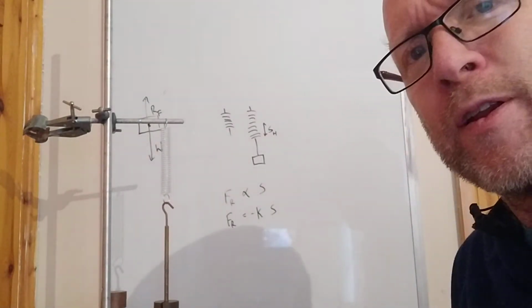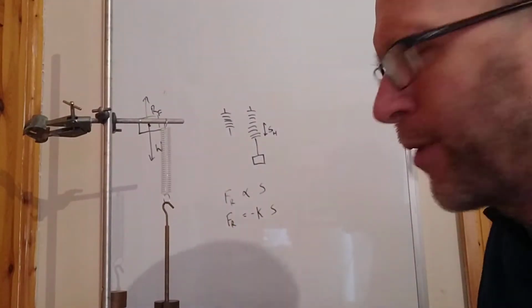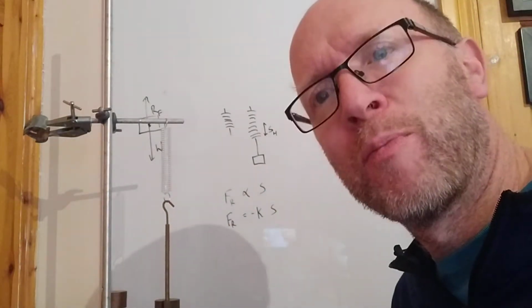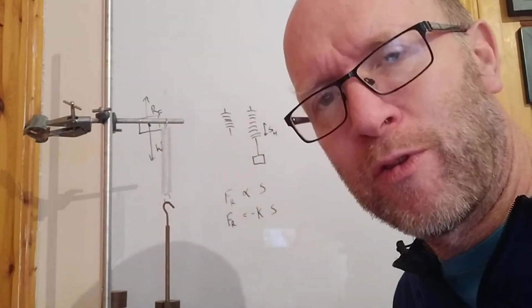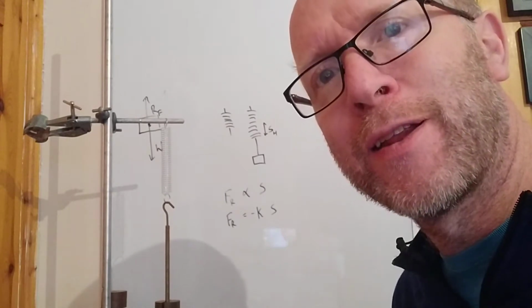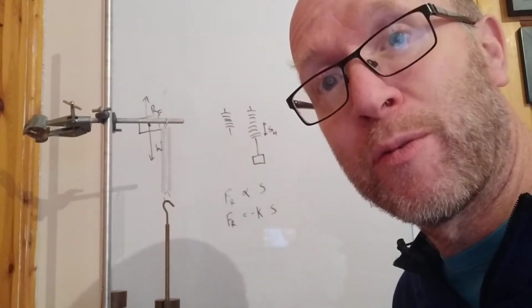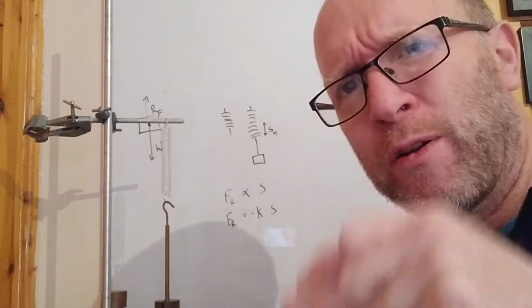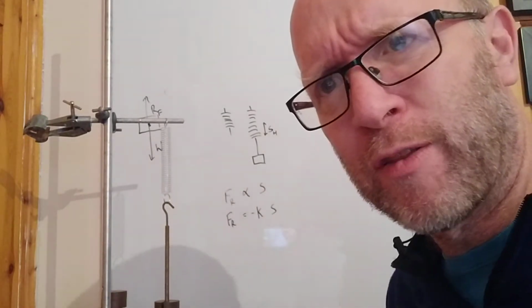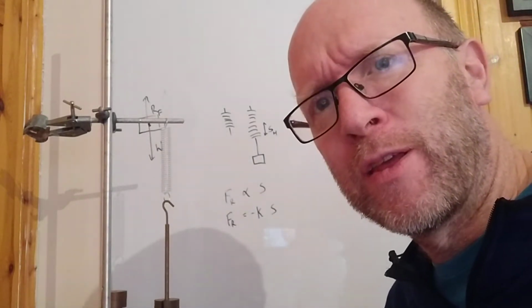Basically the spring constant is F divided by S. It's the newtons per meter. It's how many newtons you would have to apply to get the displacement to be 1 meter, and it tells you how strong the spring is, how stretchy it is. That's the spring constant.